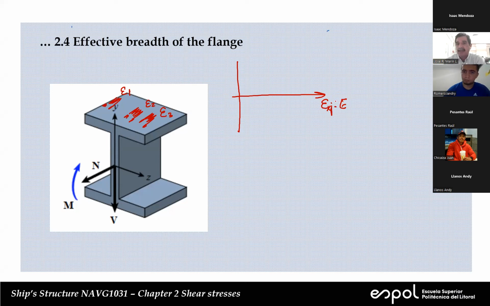What do I obtain if I multiply these two? The stress. Exactly. You get the stress.